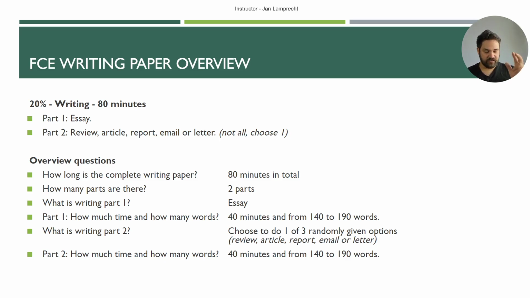The 3 options are randomly chosen from the following writing styles: review, article, report, email, or letter. So you will normally get 3 of those, and you have to choose which one you want to do. You will have 40 minutes to do that, and you have to write between 140 and 190 words. So that's a quick overview.